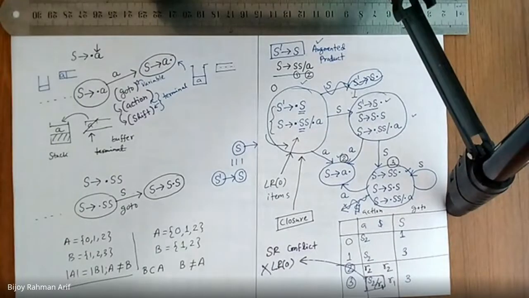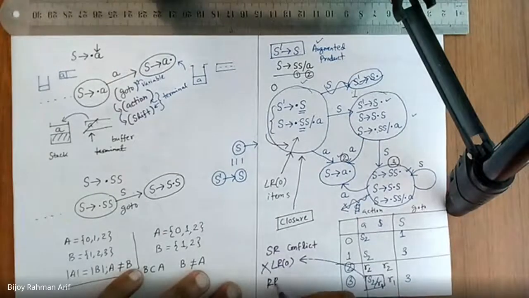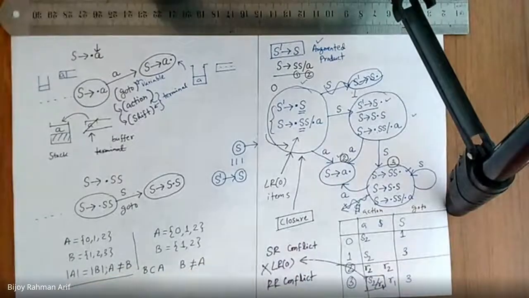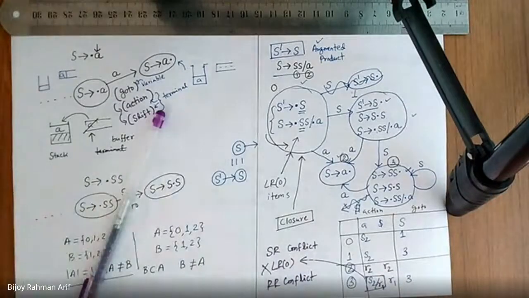Another type of conflict might arise. What is that called? That is called RR conflict. SR conflict and RR conflict are problematic. When an SR conflict arises, there is a shift move and a reduce move, so the parser gets confused: am I going to shift it or reduce it? That is called SR conflict.